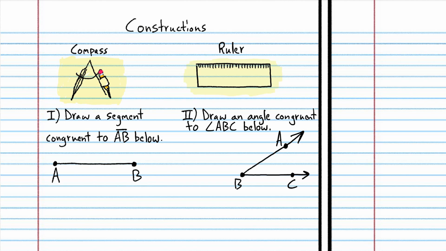Some teachers will cover more, but because constructions are not really necessary for upper mathematics, we're just going to do the 4 basic types. The first construction is a congruent segment. The second is a congruent angle. The third construction is a perpendicular segment bisector, and the fourth is an angle bisector. So those are the 4 basic constructions that we're going to cover right now.